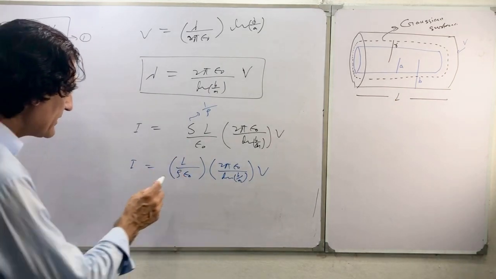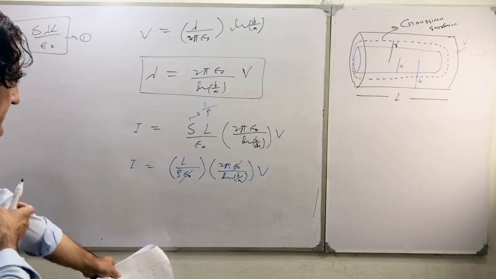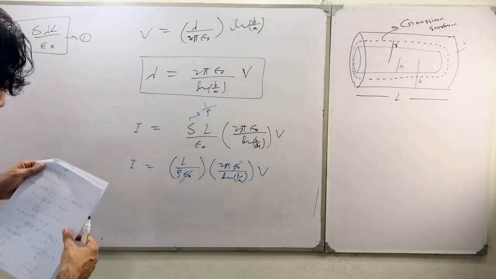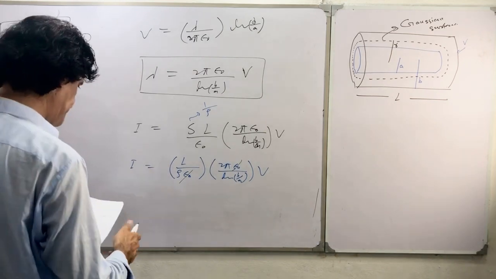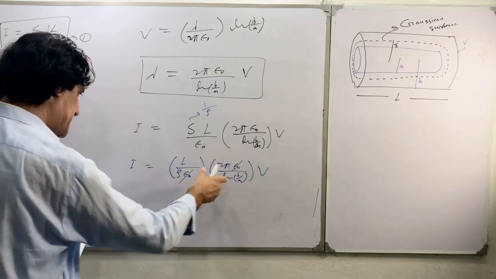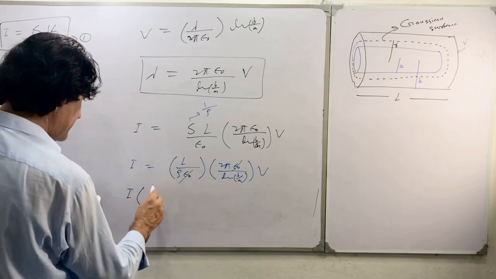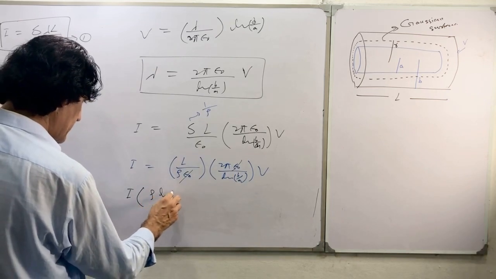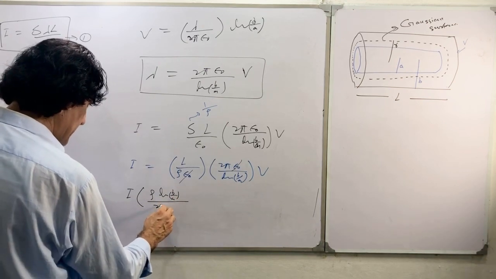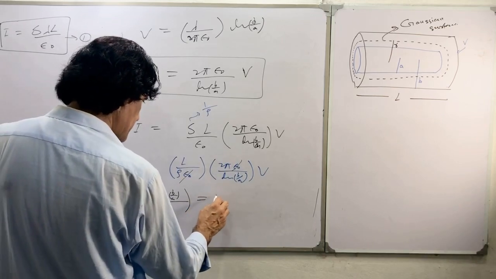We can cancel the epsilon naught, and finally I will write the current. If we move this term to the left hand side, we have rho log of B divided by A, divided by 2 pi L, which is equal to V.